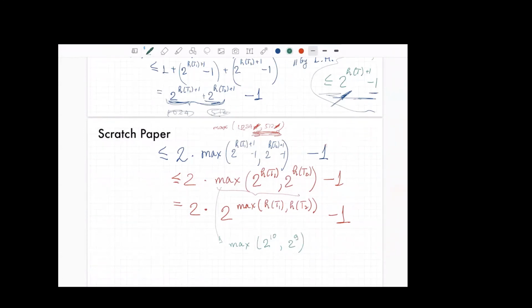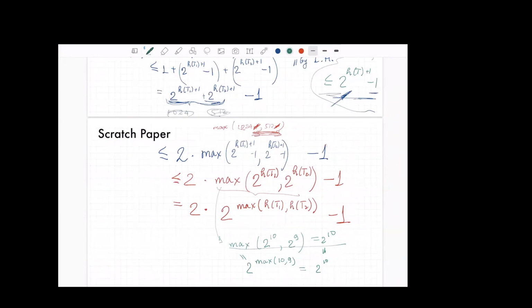So of course, you know what the answer is. The answer is 2 to the 10. But I rewrote this as saying that this is the same as 2 to the max of 10 or 9, which is, well, the max was 2 to the 10 here. You knew that. But it's the same way of writing this. Well, what is max of 10 and 9? This is 2 to the 10 anyway, and these two are equal. Right? Does that scratch work make sense to people?